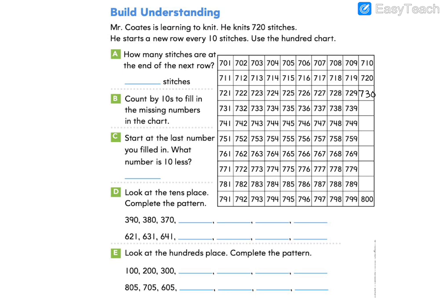So how many stitches? 730. For letter B, you're going to go ahead and count by tens to fill in the missing numbers in the chart. Go ahead and do that now.